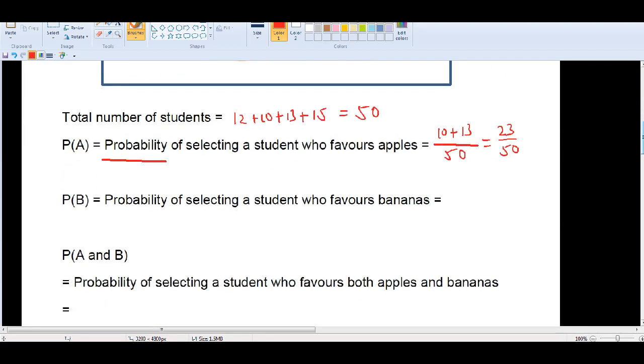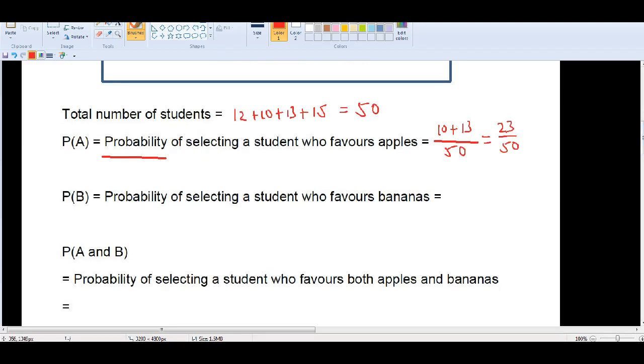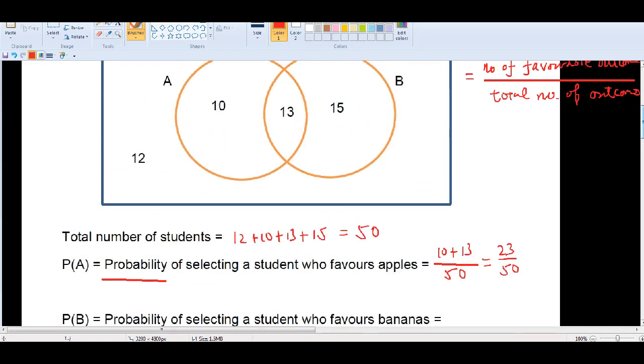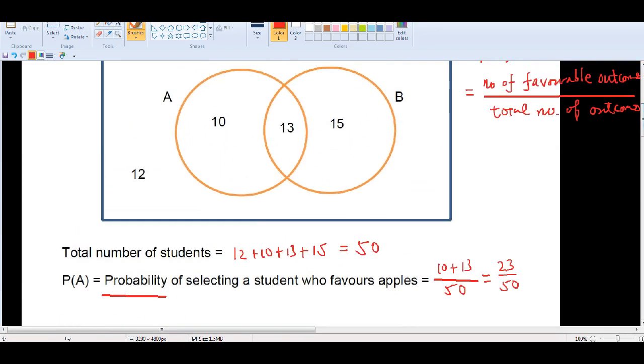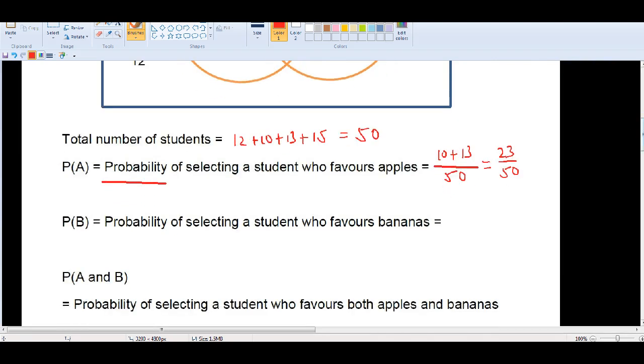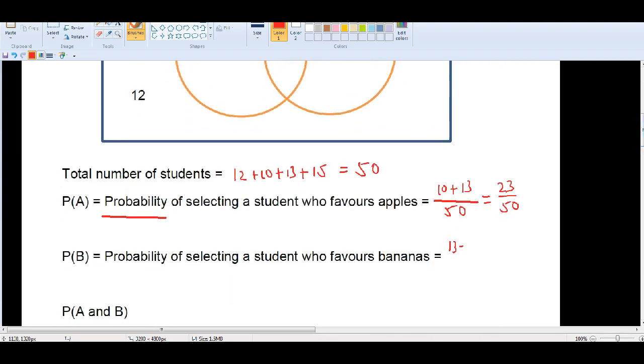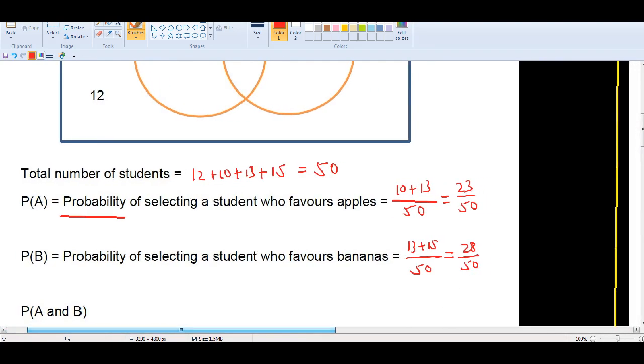And how about probability B? Probability B means the probability of selecting a student who favors bananas. How many of them prefer bananas? 28 of them. So it should be 13 plus 15 over 50, so there are 28 of them. When you simplify, it becomes 14 over 25.